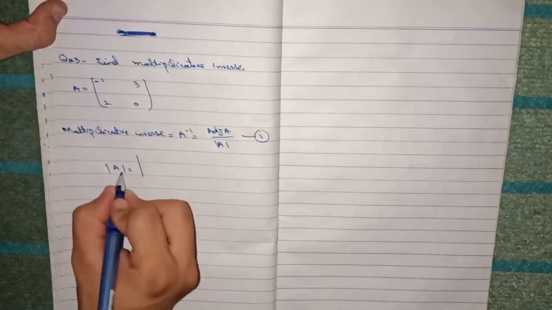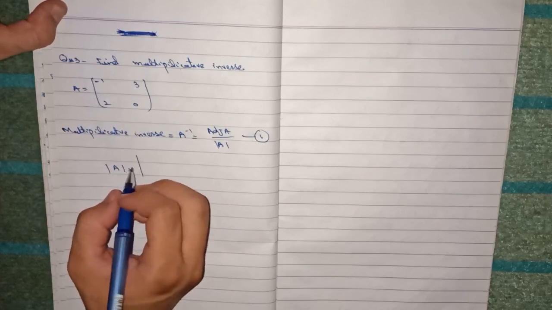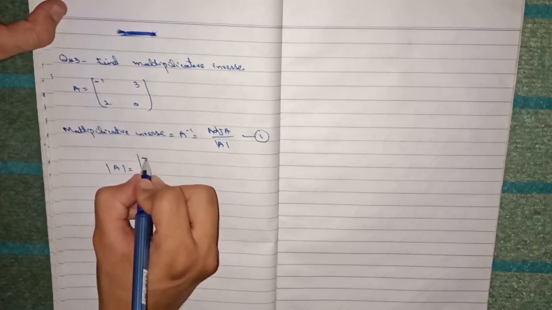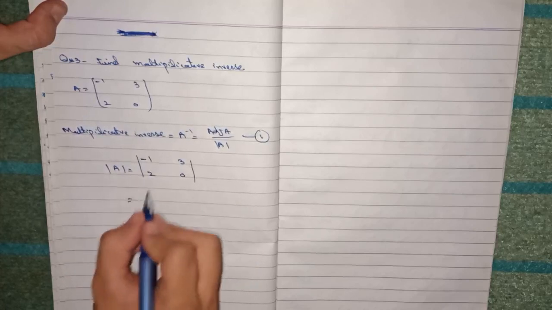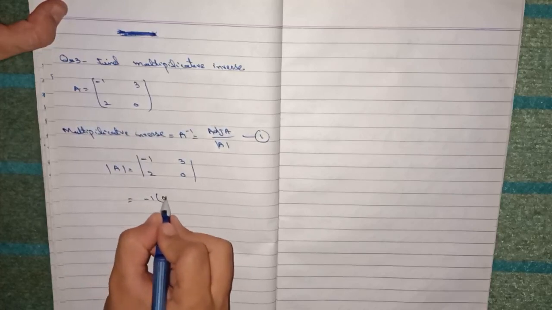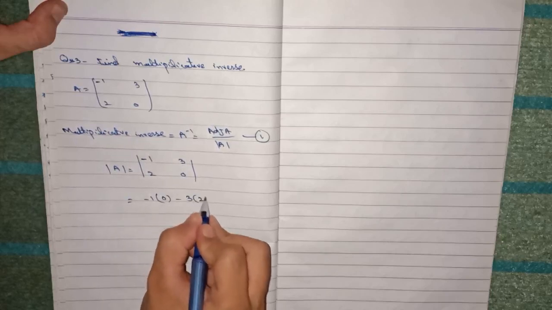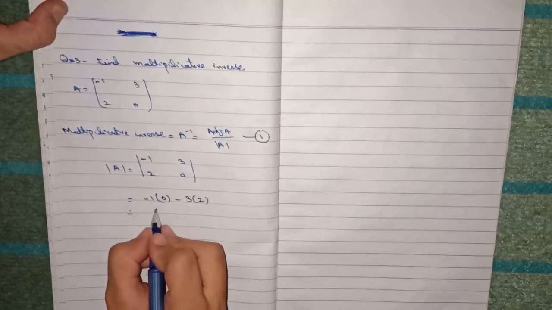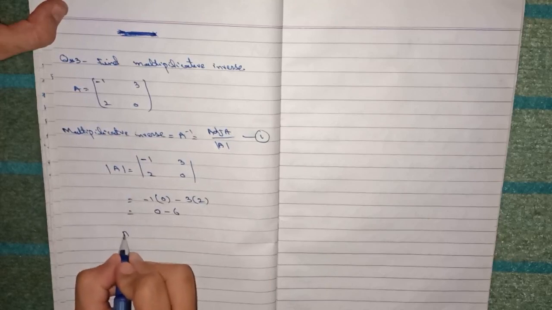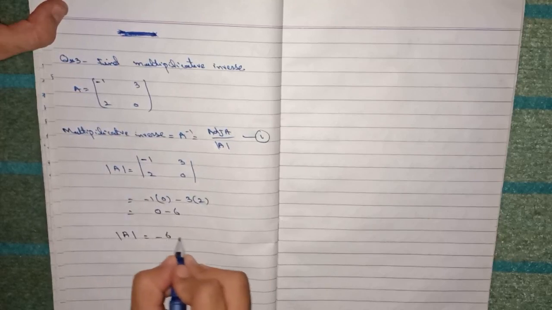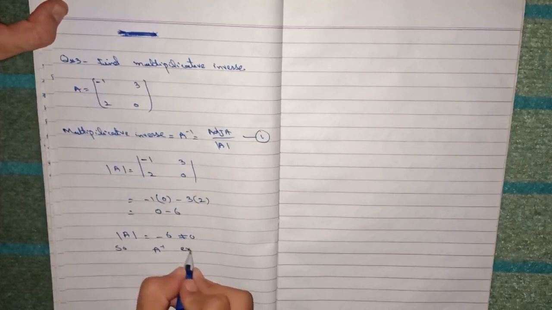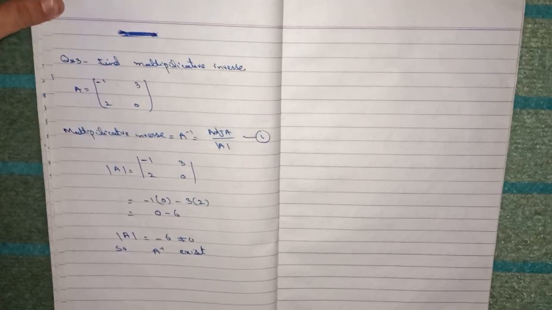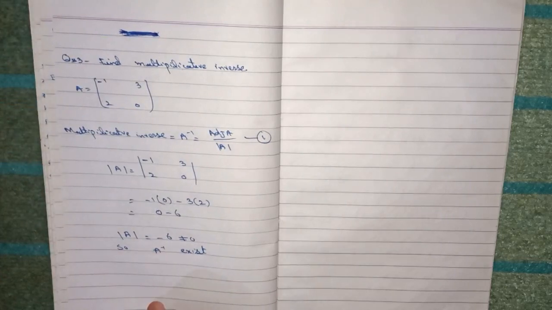You know how to find a determinant. Draw 2 lines on the matrix. -1 into 0, minus 3 into 2. -1 into 0 is 0, and 3 into 2 is 6. So determinant of A is equal to -6, not equal to 0. So A inverse exists. It means its multiplicative inverse exists. But if it is 0, then we will say that its multiplicative inverse does not exist.